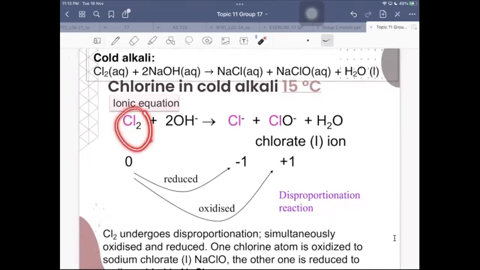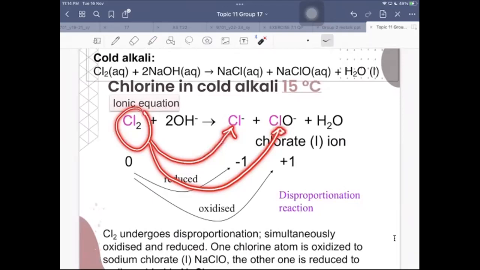The same molecule is being reduced and being oxidized at the same time. This can happen only because in one molecule of chlorine, there are two chlorine atoms. The same atom cannot be oxidized and reduced at the same time. The same molecule or the same element can be, but the same atom cannot.